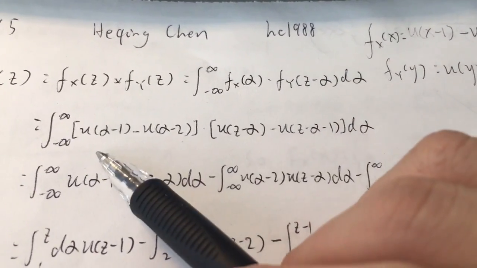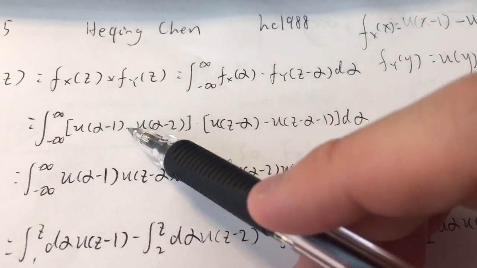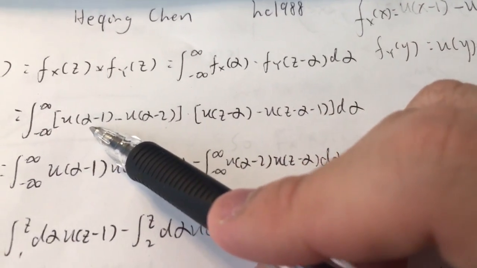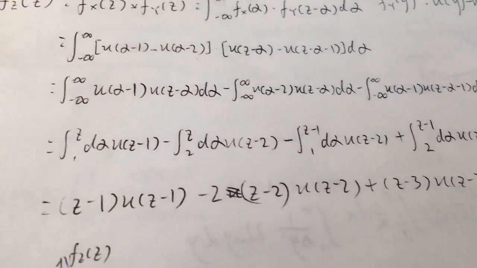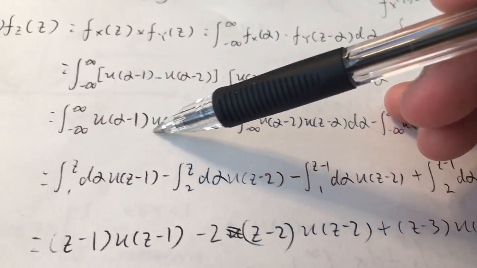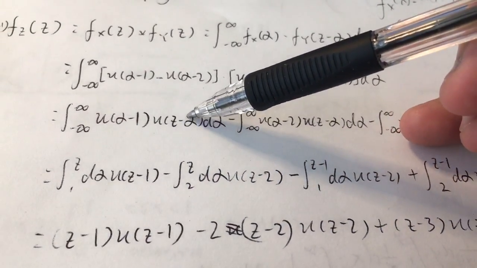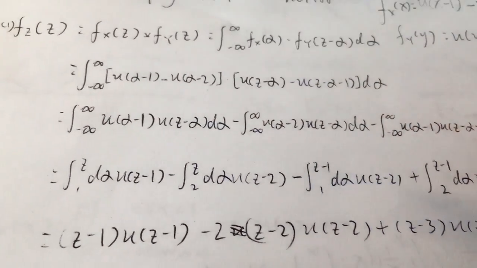So we just do a calculation for this equation, and we got this. Then we need to divide into different cases.